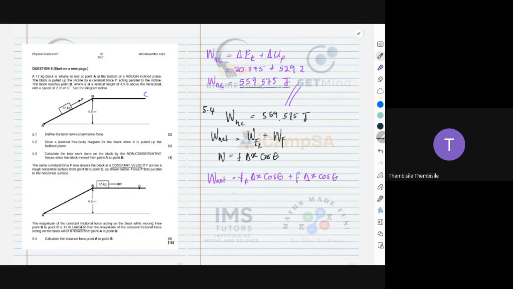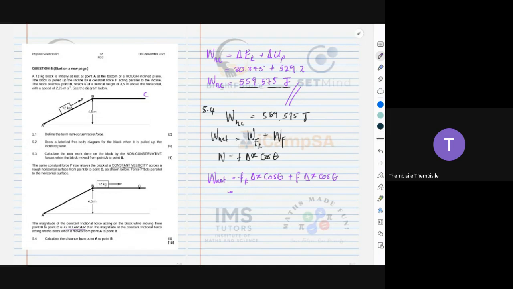So therefore, what we do here, we don't have our frictional force, right? It has not been given to us. Okay.